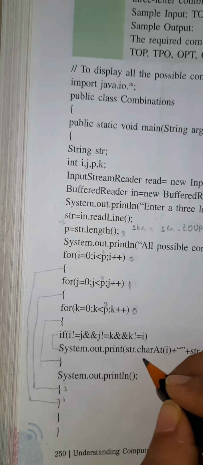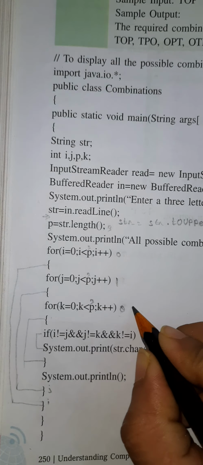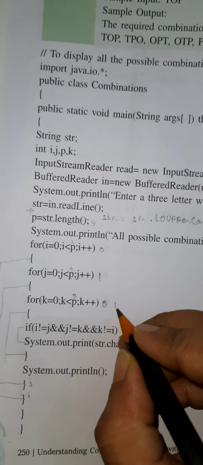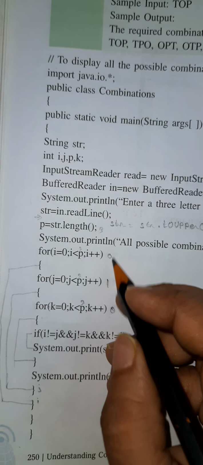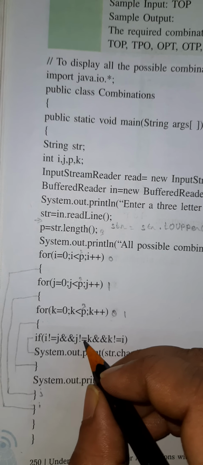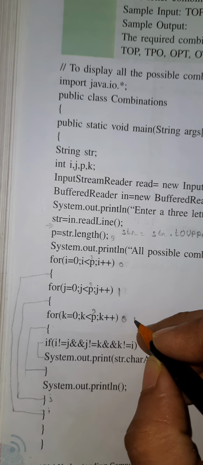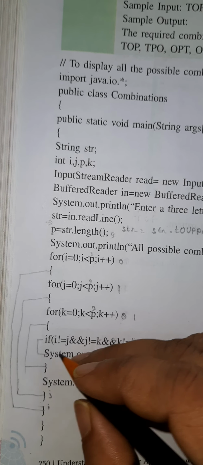So it will not enter this part, and the k value will now change to 1. So now k is 1, again it will come here: i is not equal to j, yes. j is not equal to k, but it is equal to k, so the condition is false, so it will again not enter, because when one is false, the total is false.